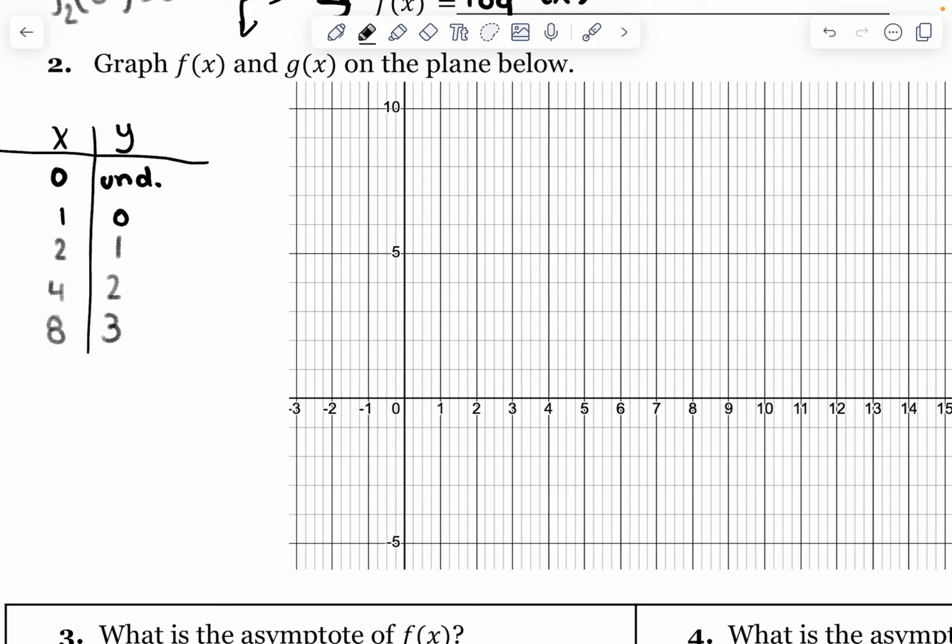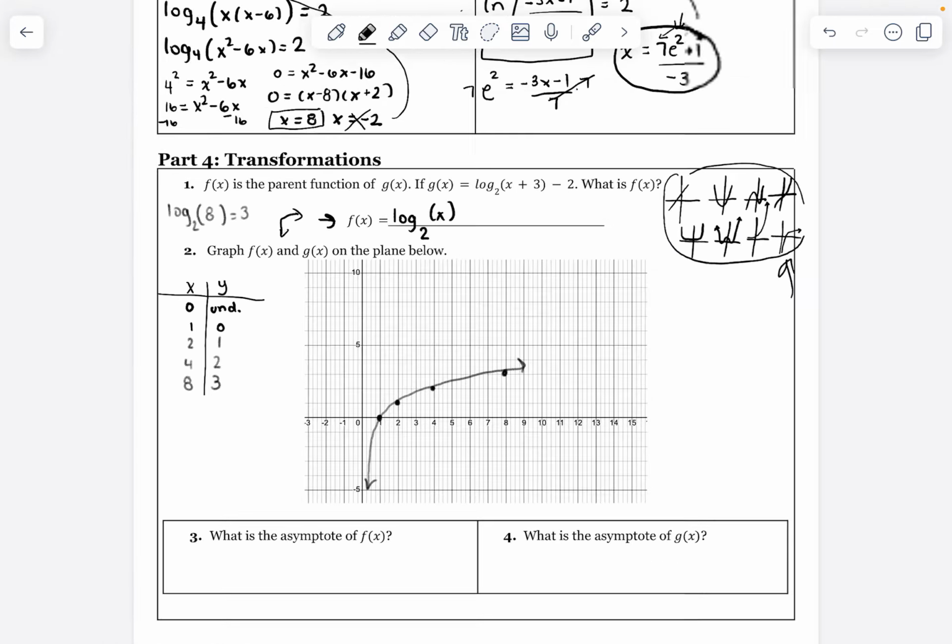So at 0 it is undefined, but we have a point at (1, 0), a point at (2, 1), another point at (4, 2), and (8, 3). And then we know the shape of the graph is going to look like this, and bam.